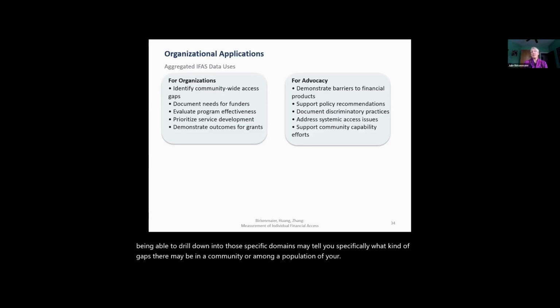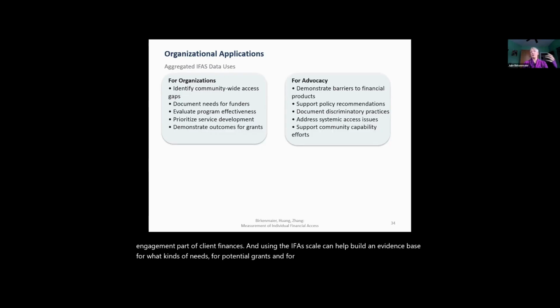It may also help document the need for funders. Maybe organizations are trying to provide financial coaching or financial counseling, or even working on the institutional engagement part of client finances. Using the IFAS scale can help build an evidence base for what kinds of needs exist, for potential grants and for potential funders.